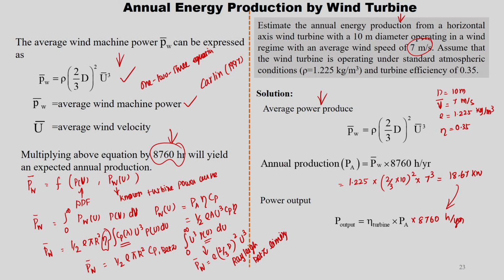Instead of a second step, I did the total power output annually. The turbine efficiency is 0.35, the annual hours are 8760, and your P w is 18.67 kilowatt. If you calculate, it turned out to be 57.25 megawatt hour, because we are calculating in terms of hours.